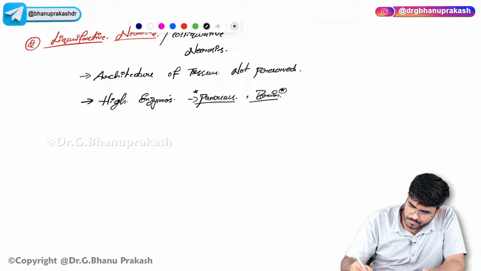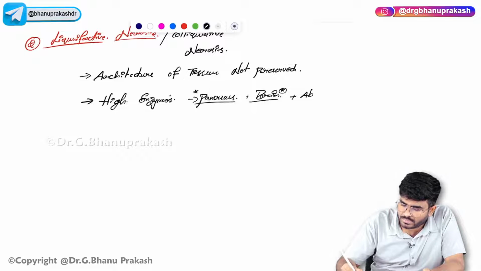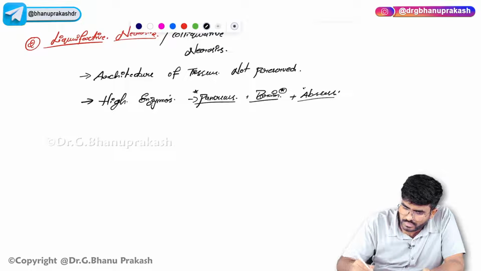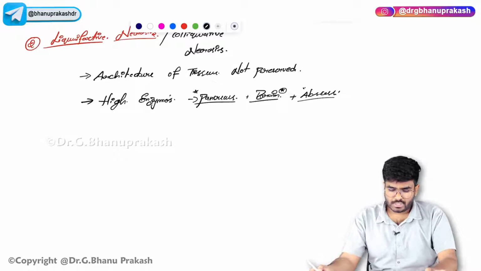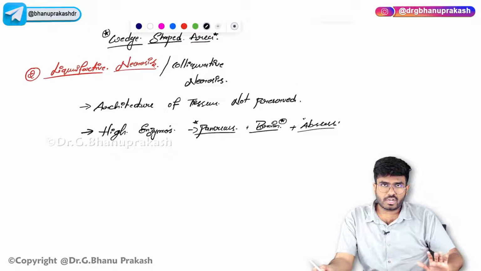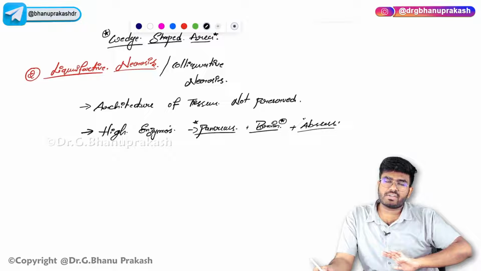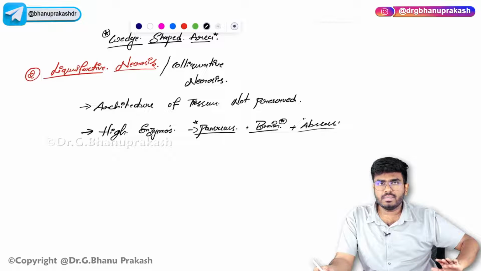Even abscess also, in one of the exams they have asked abscess. So, abscess is an example of liquefactive necrosis. Liquefactive necrosis, tissue architecture is not preserved, seen in organs which are having high amount of enzymatic activity.